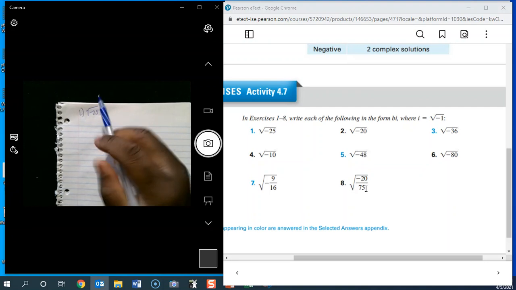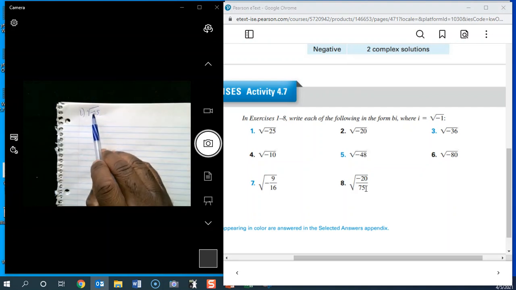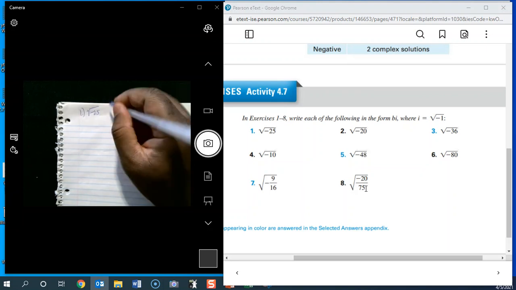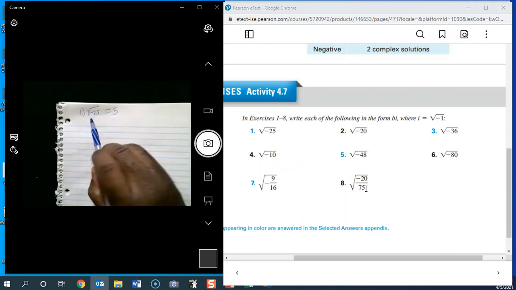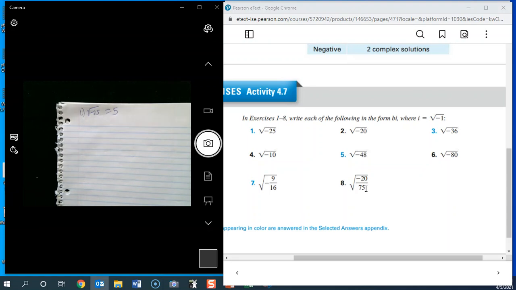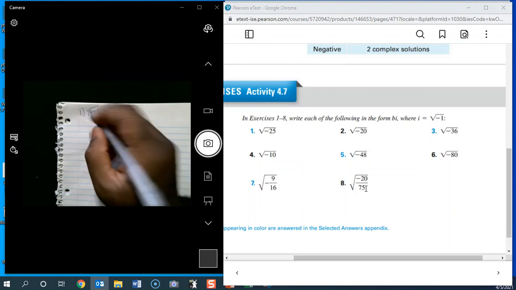All right, first of all, let's forget about this negative sign for a second. The square root of 25 we know is 5. So we know our answer is going to have 5 in it. Now, because it has this negative here, in your mind, you don't have to write this out. I'm writing this out this first time so you can see how this answer is derived.